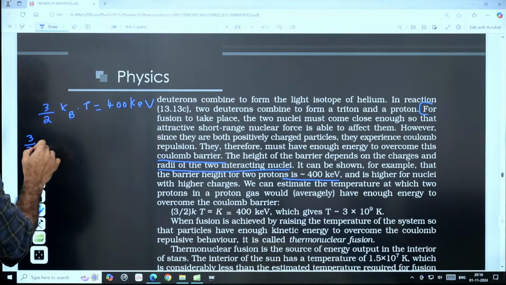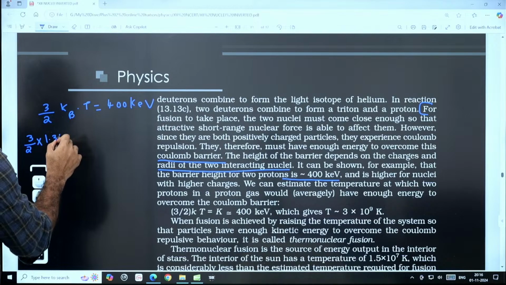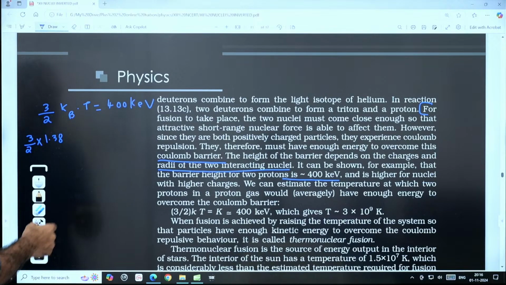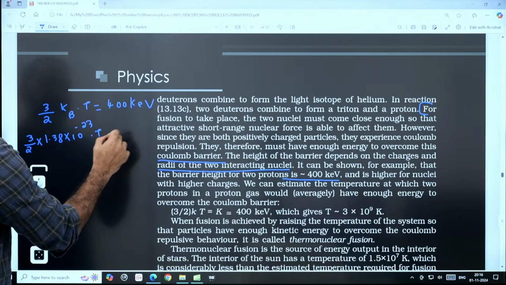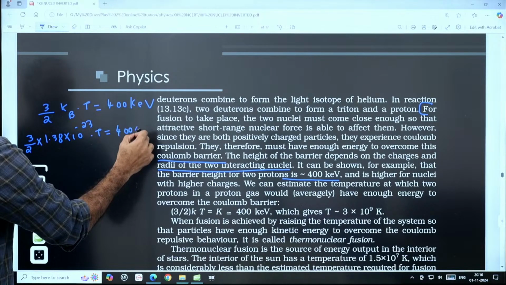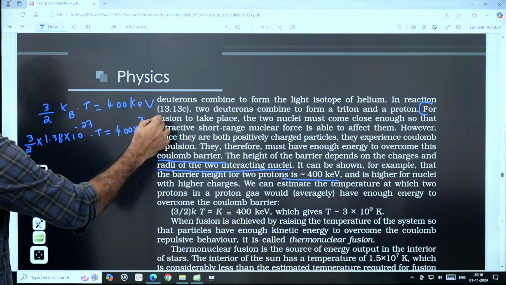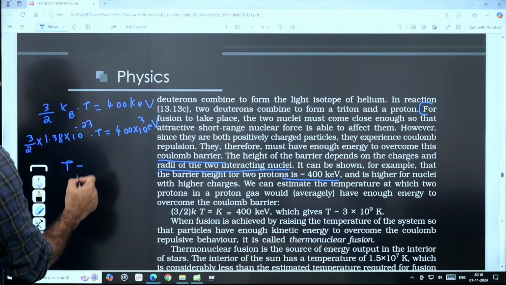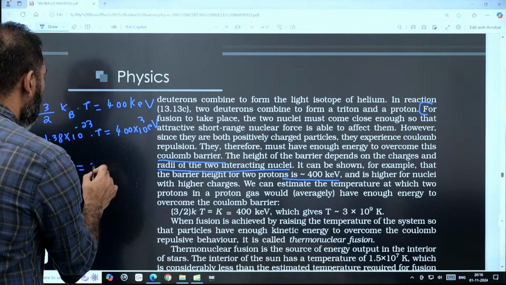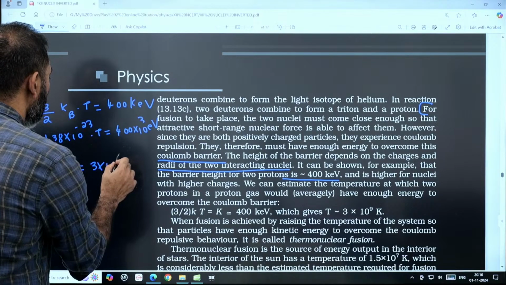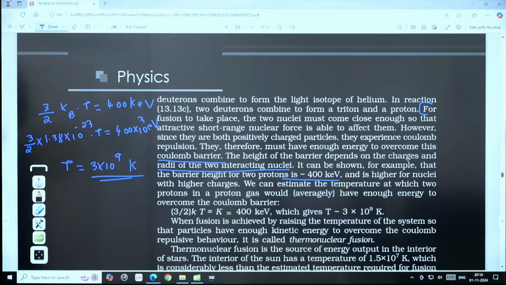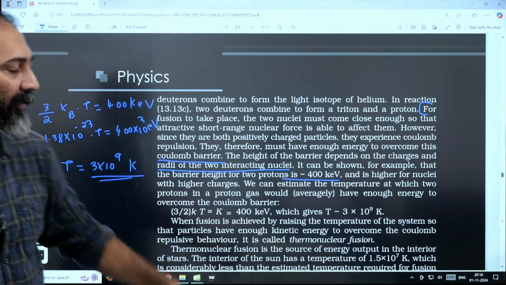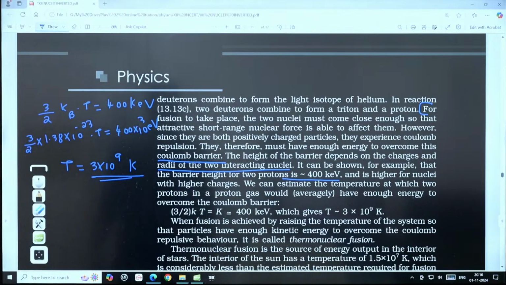So 3/2 into 1.38 into 10 raised to minus 23 into T equals 400 into 10 raised to 3 eV. If you substitute, T is around 3 into 10 raised to 9 Kelvin. So this is the temperature required for fusion to take place.